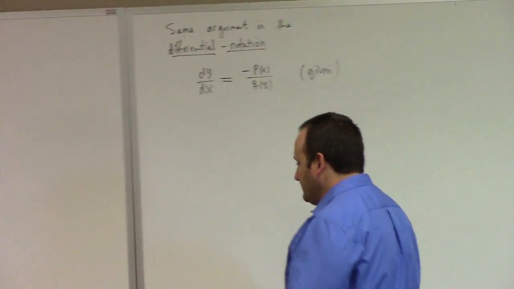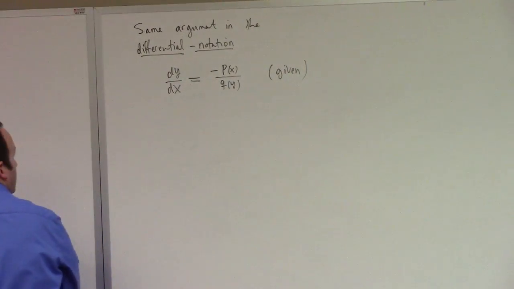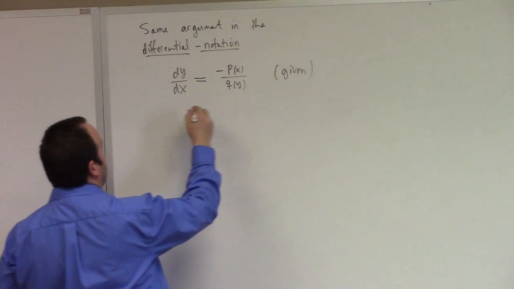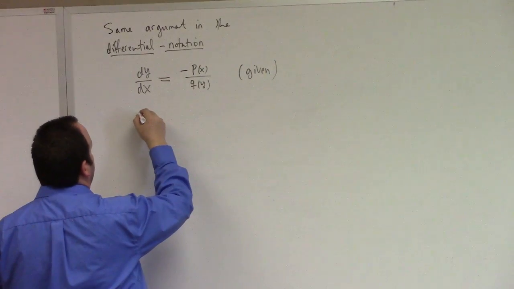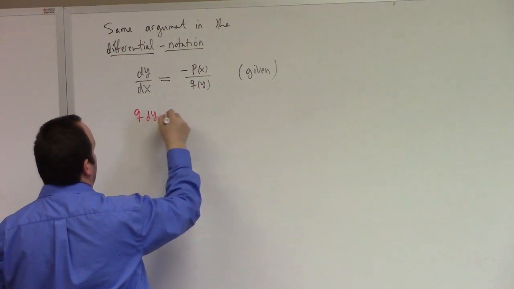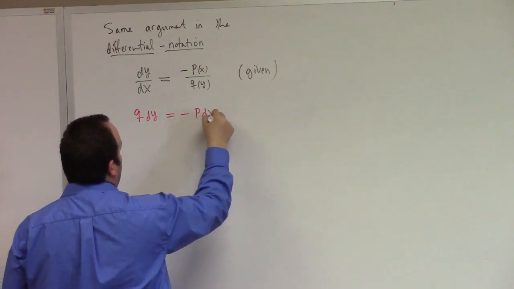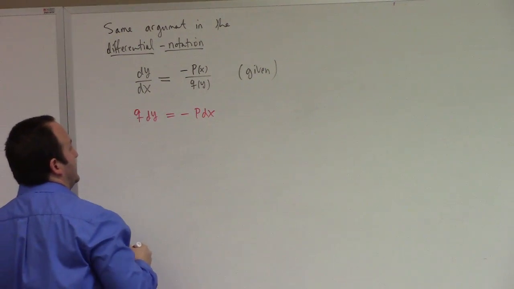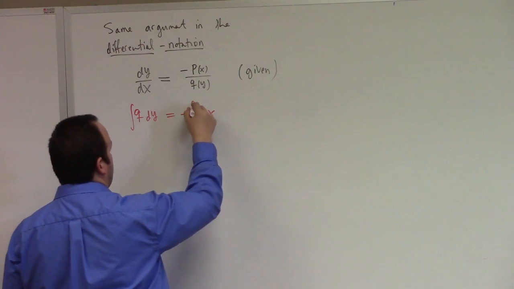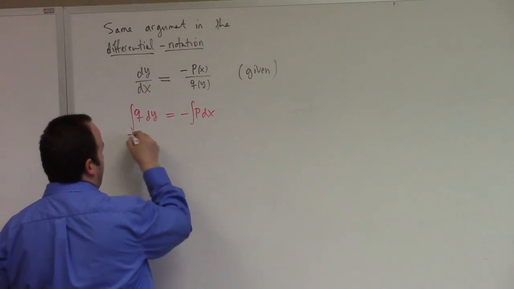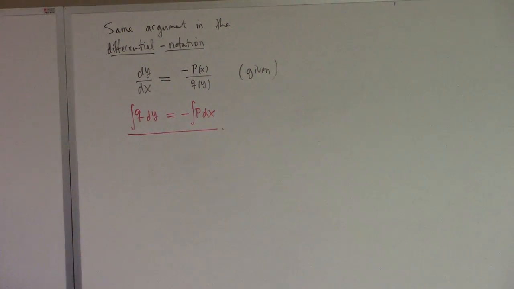So then what you do is you put everything with y on one side and everything with x on the other. So I get q dy is equal to minus p dx. I'm omitting the x and y dependence. You integrate both sides. Fine, I put the minus on the other side, but I think you see, same thing. So all I'm trying to tell you guys is this.